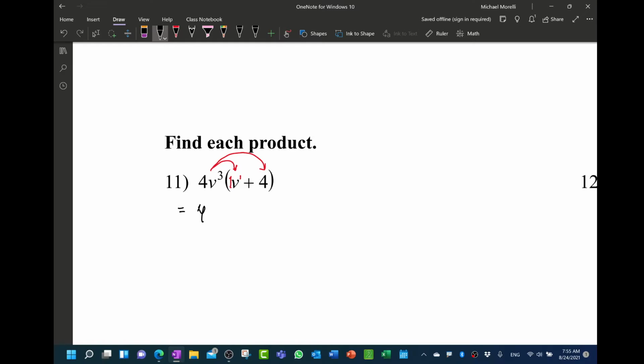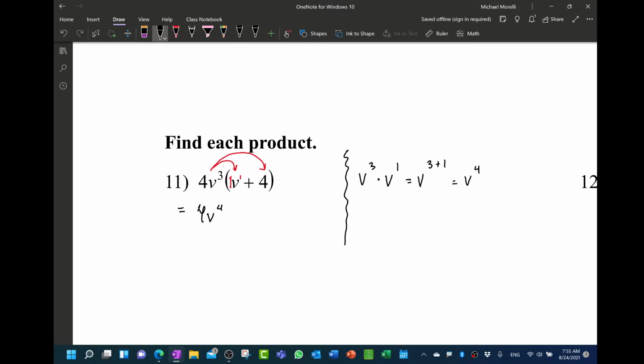Now we have to do the product rule for exponents. If we don't remember that, let's just go over here and look at it. V cubed times V to the first equals V to the 3 plus 1, which equals V to the 4th. So I have 4V to the 4th power.